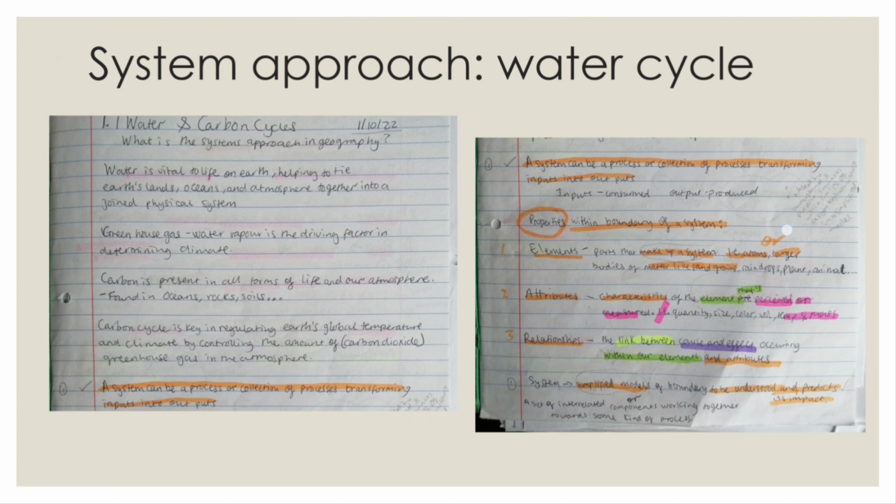Let me quickly go over what these properties mean. For elements, we're talking about what makes up the system, such as atoms, matter, like sand, like raindrops. When we talk about attributes, we're talking about the characteristics of the element, which can easily be perceived or measured.